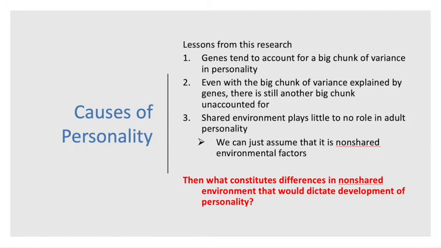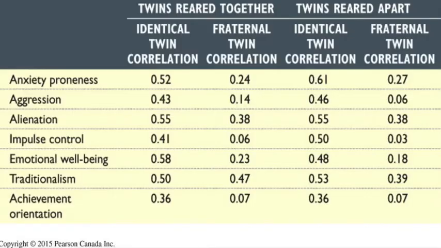And when you have had a minute to examine the numbers closely, you'll learn one of three things. First, genes, as mentioned before, seem to contribute significantly to people's personality. So if we go back here, that is, when people share more genes, in the case of identical twins, for example, their personalities tend to be more similar than those twins that share less of the genes, so fraternal twins.